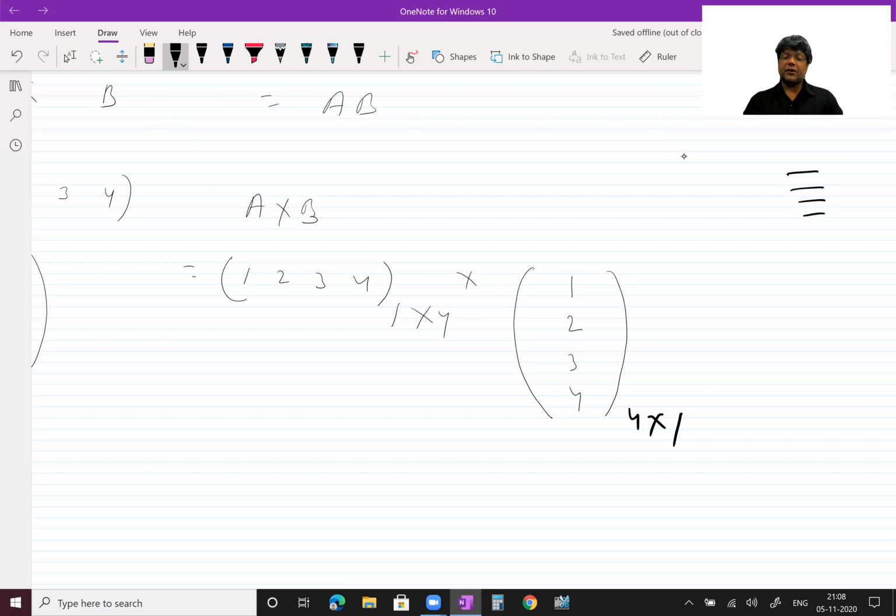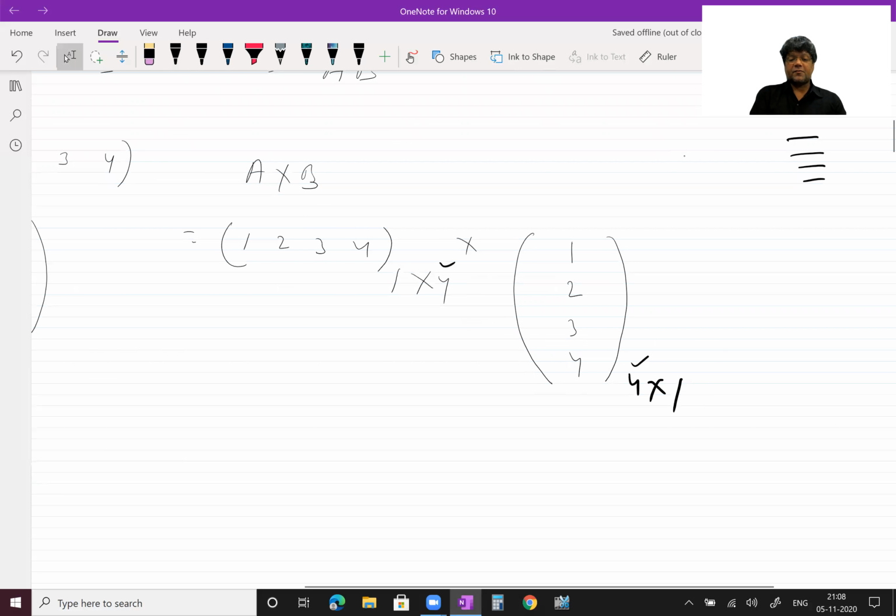First I check the number of columns in the first matrix, 4, and the number of rows in the second matrix, 4. Yes, the product is possible. And the result will be 1 by 1, meaning 1 row and 1 column, which means only one element.